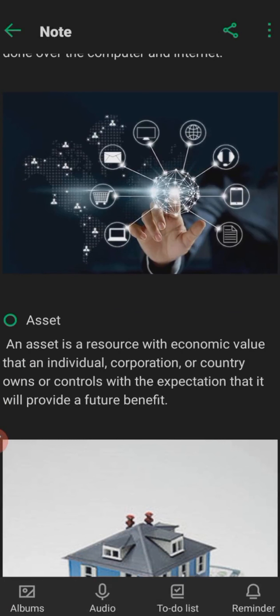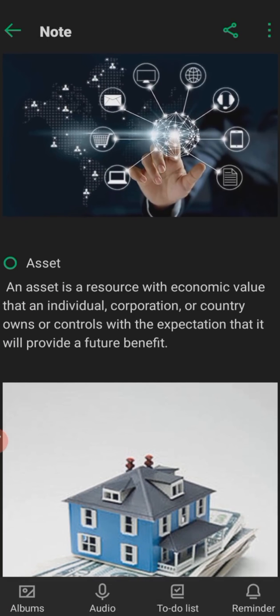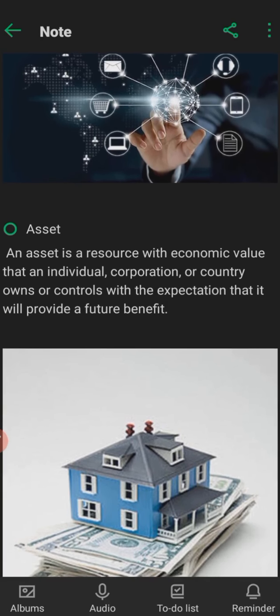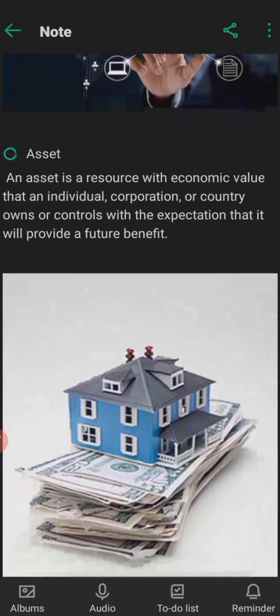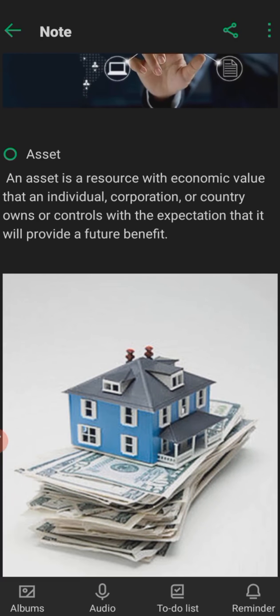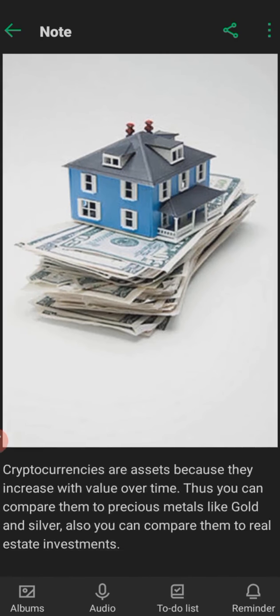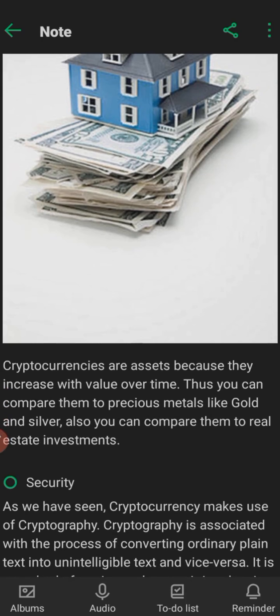What do we mean when we say crypto is an asset? First of all, what is an asset? An asset is a resource with economic value that an individual, corporation, or country owns or controls with the expectation that it will provide a future benefit. Meaning, an asset is something that is capable of making more money. Thus, you can compare crypto with real estate.